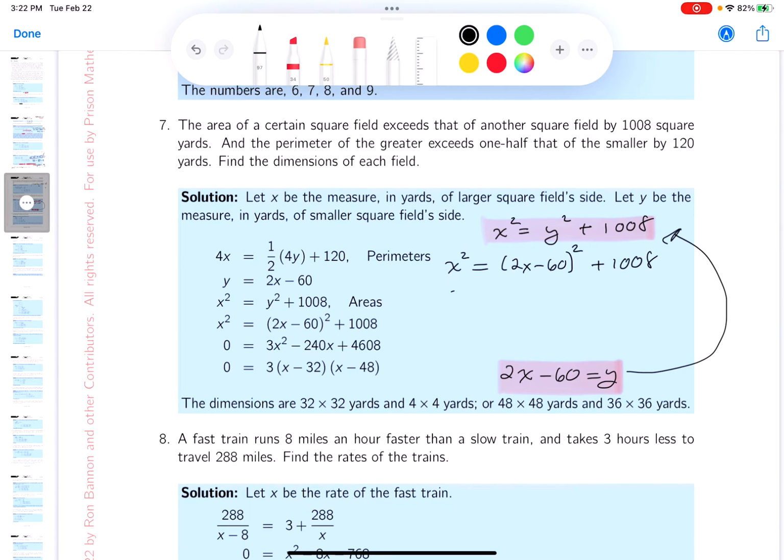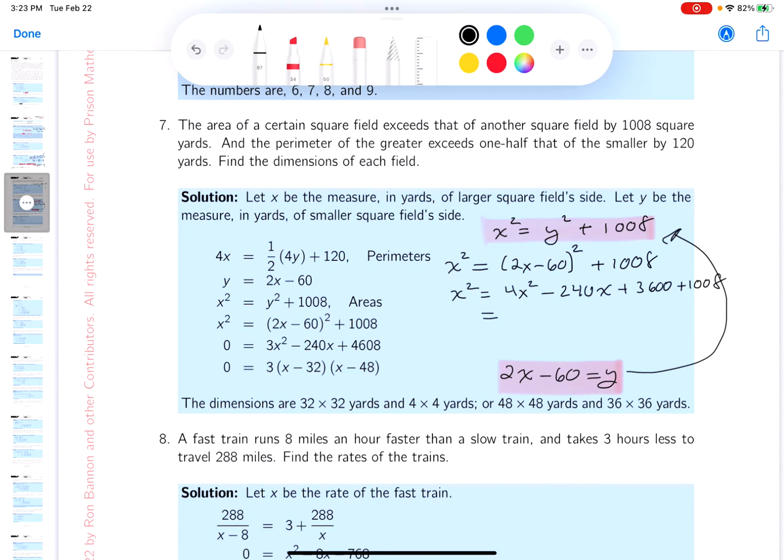And you're going to get x squared equals 4x squared minus 240x plus 3,600 plus 1,008.